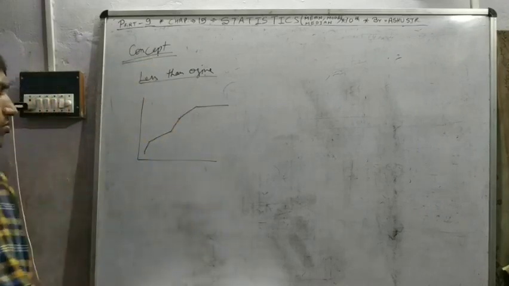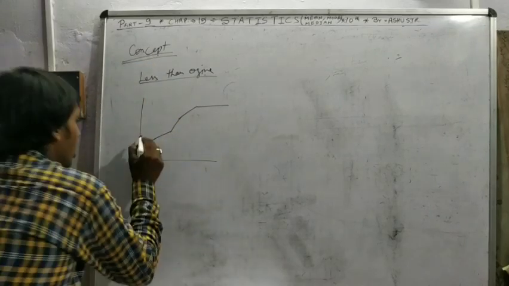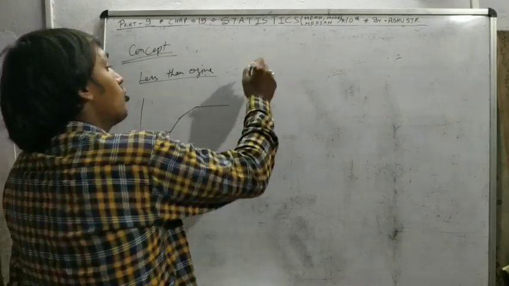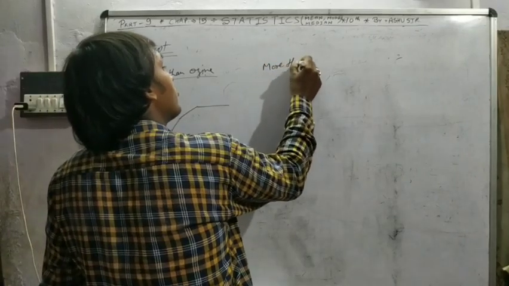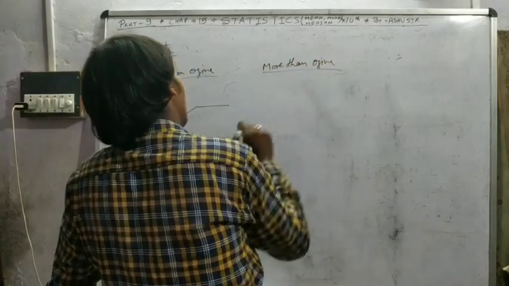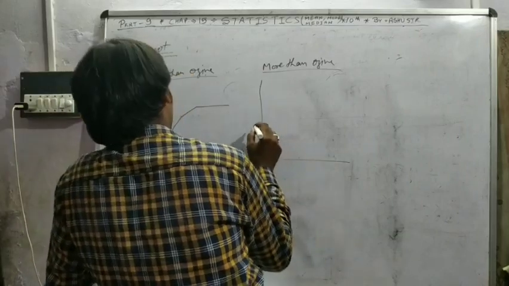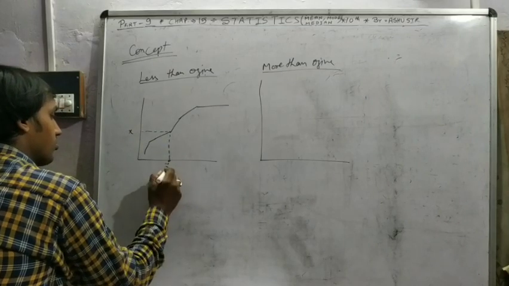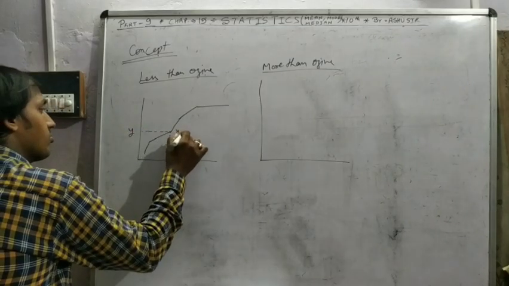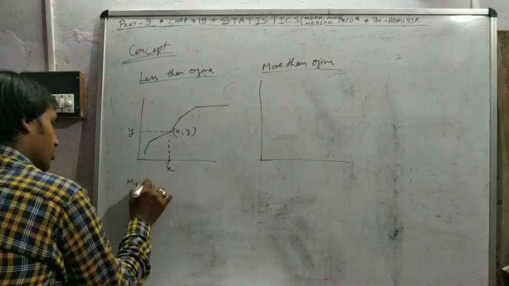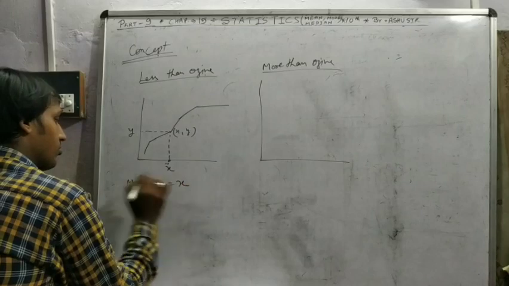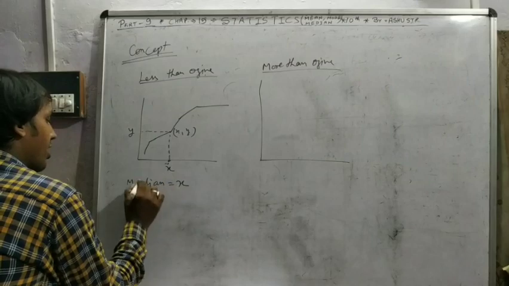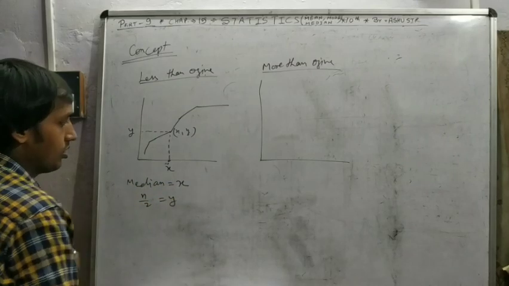Suppose this is the median, and n by 2 is y.